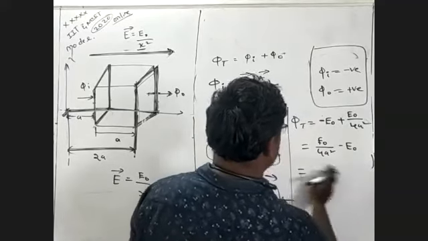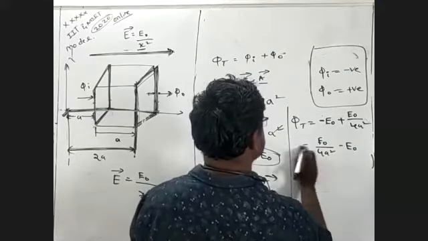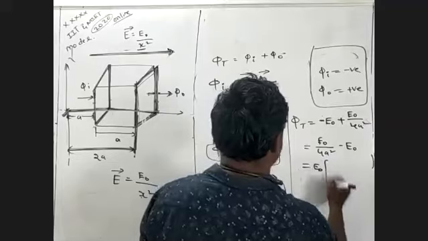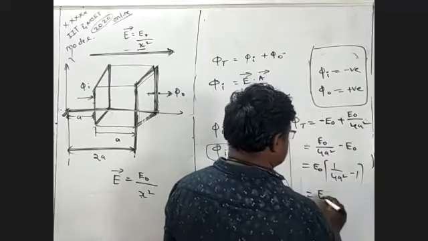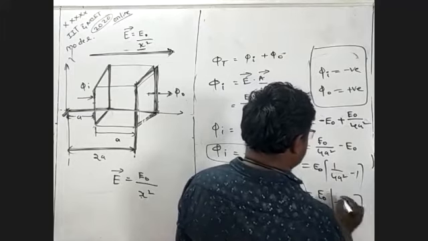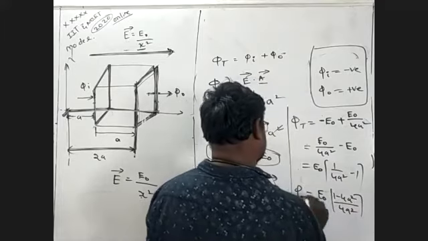Now take E naught common: 1 by 4a square minus 1. That is your total flux.